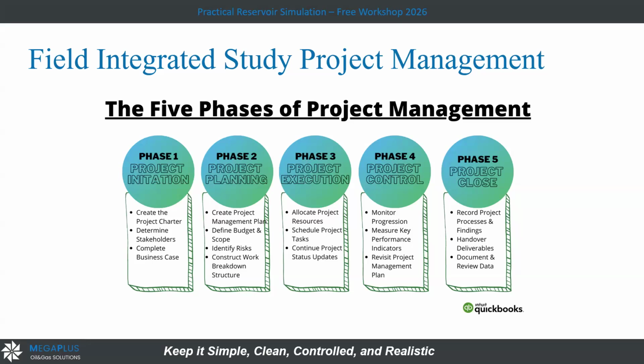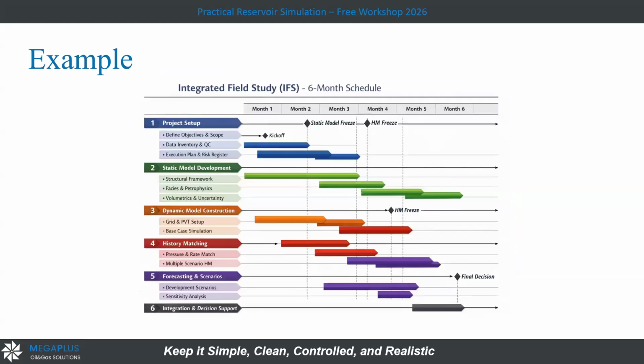The second is the project planning. You have to plan and make a Gantt chart like this. As an example, in the first and second month is data gathering, and then geology must do their work, and the dynamic team must gather the data, and then we have the data to make the history match.